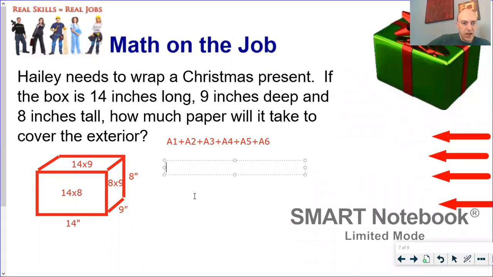So 14 by 8, that's equal to 112. 14 by 9, I better change my color. 14 by 9 is 126. And 8 by 9 is 72.